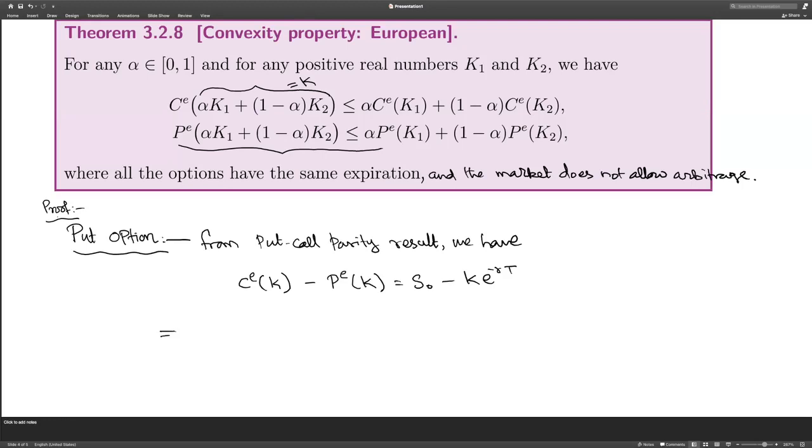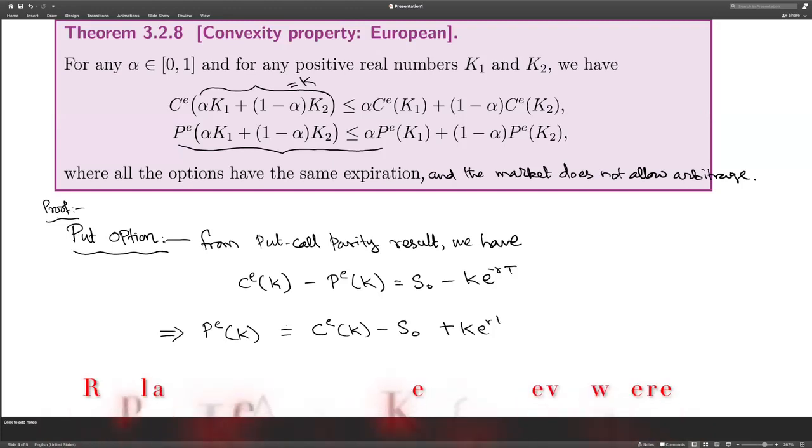Now this implies PE of K can be written as CE of K minus S naught plus K e power RT.